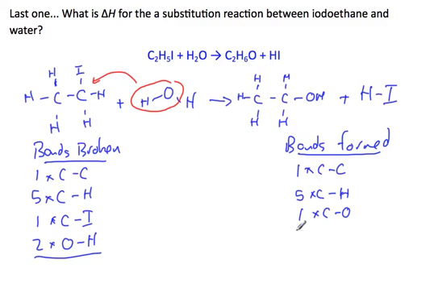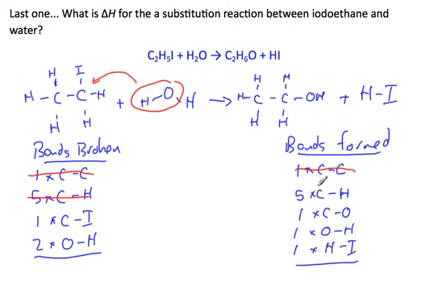I have 1 oxygen-hydrogen bond, a hydroxyl group, and I have 1 hydrogen-iodine bond. Now, I can simplify this before I actually even worry about the math. 1 carbon-carbon bond, 1 carbon-carbon bond. Well, the bond enthalpy minus the bond input to that is going to be 0. So I can get rid of those.